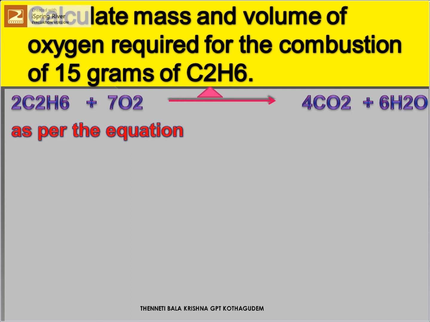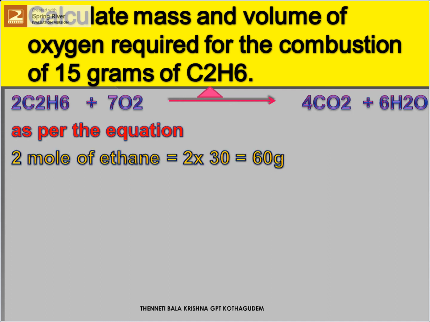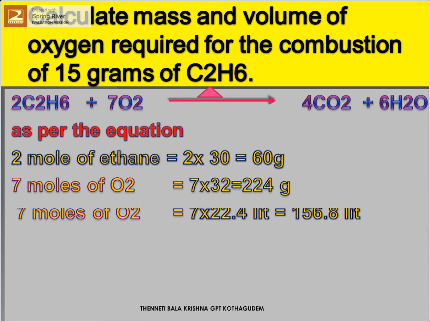Here 2 moles, so 2 into 22.4 is 44.8 liters of ethane.